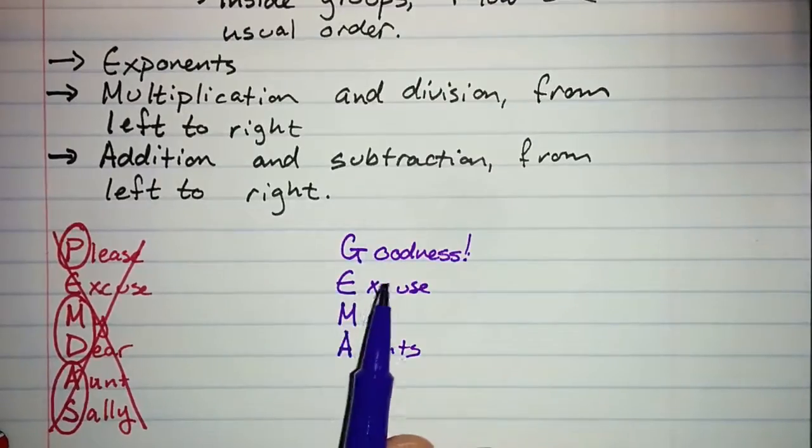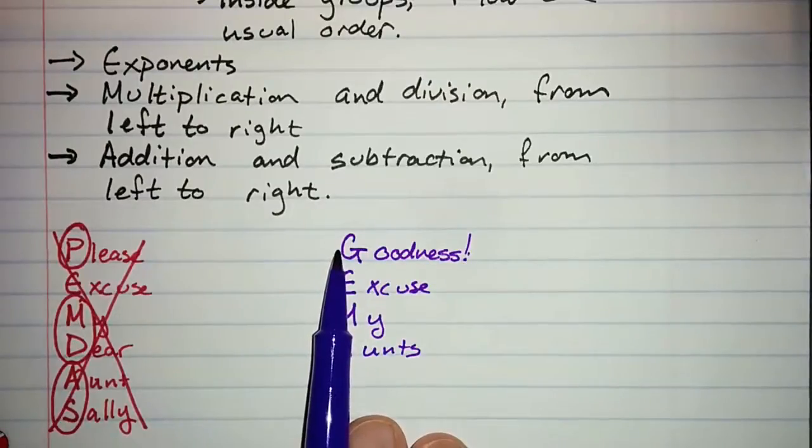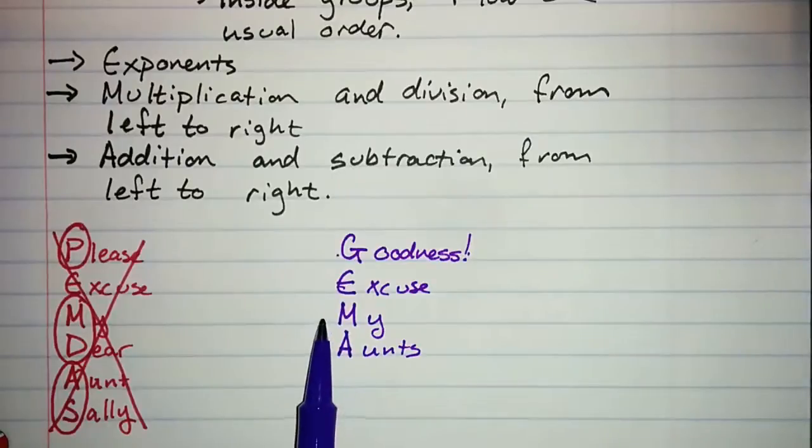Not only does this acronym help you remember that there are things that are not parentheses, that multiplication and division really go together, that addition and subtraction really go together, it also provides apologies for all of your parents' sisters, not just Sally.